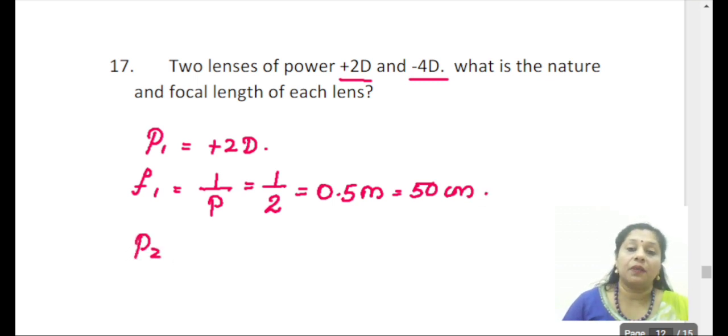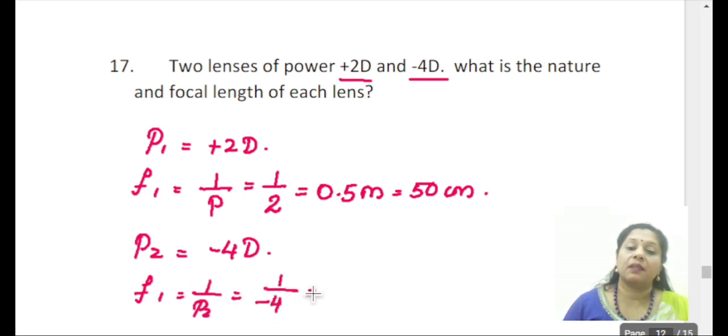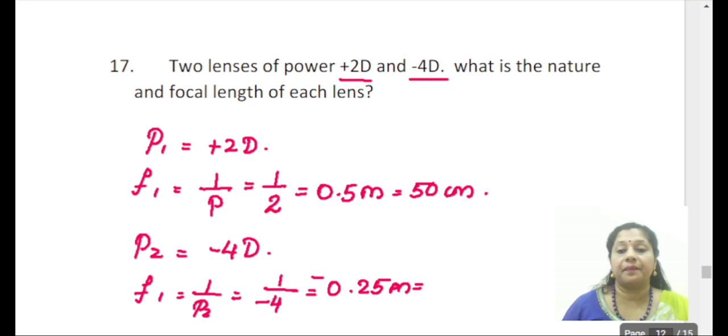Now P2 is equal to minus 4 diopter. So F2 is equal to 1 by P2, 1 by minus 4 is equal to minus 0.25 meters, that is 25 centimeter, minus 25 centimeter.